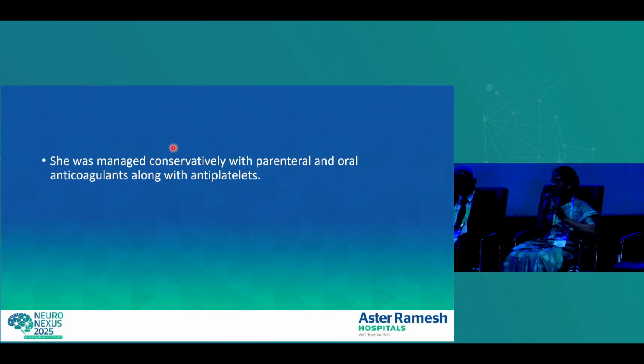One is, sometimes it may be a tight stenosis of the M1, which will be seen as an M1 occlusion, especially if the patient has ICAD. In those patients, definitely we need to go ahead with intervention.